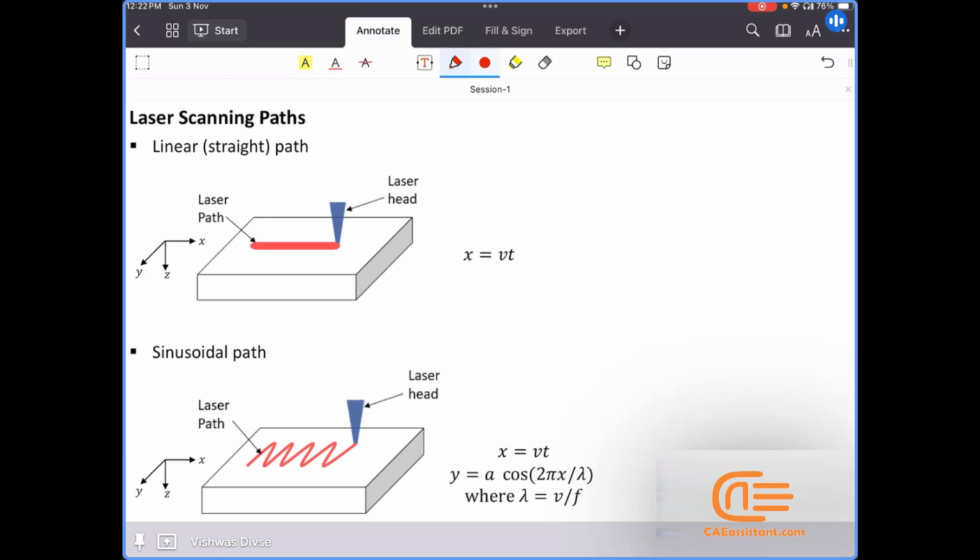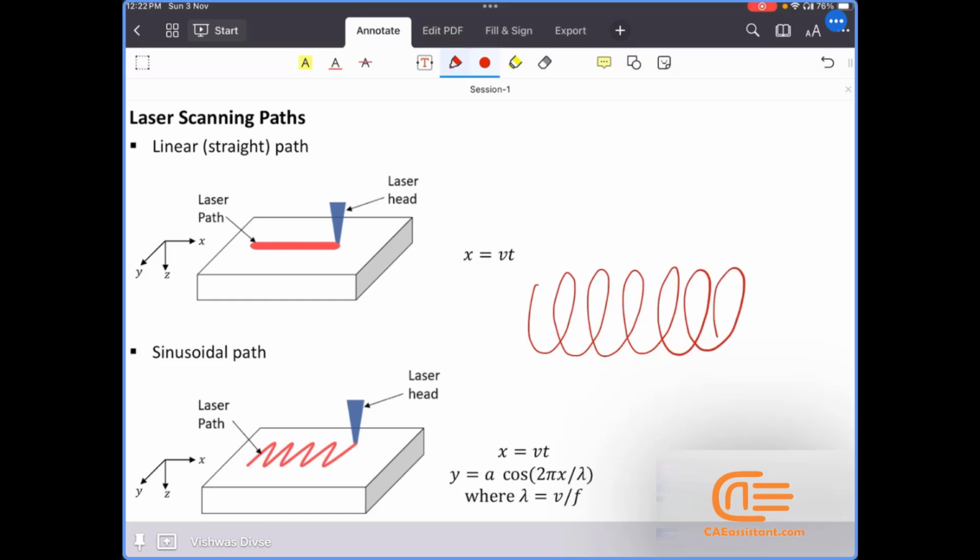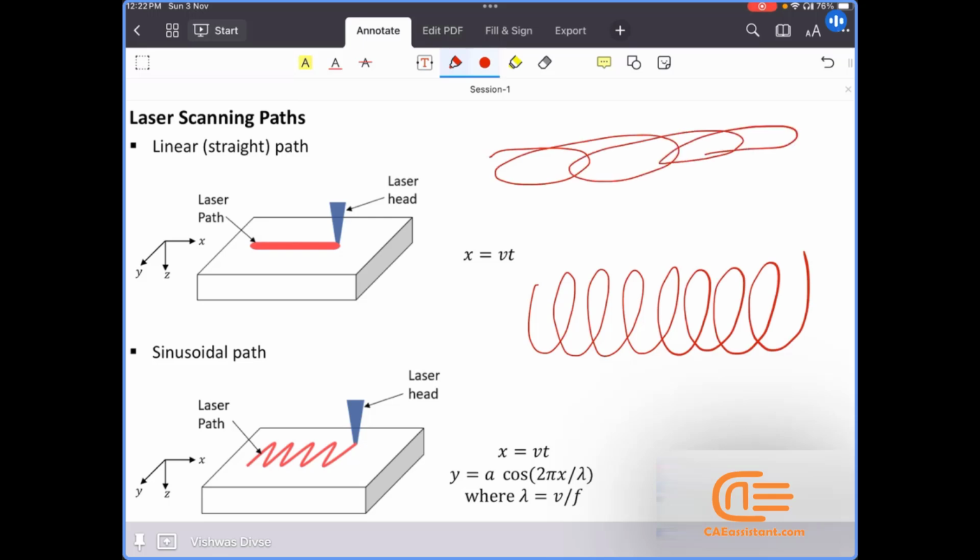Let's say I have shown here a sinusoidal path. Someone may ask, can we move, let's say, in a cycloidal path, or an elliptical path like this? Yes, possible. And even in the same subroutine it is possible. Again, you need to change your equations and just customize your subroutine.